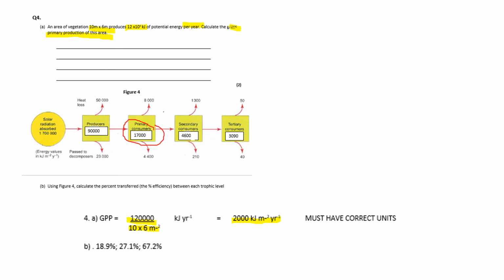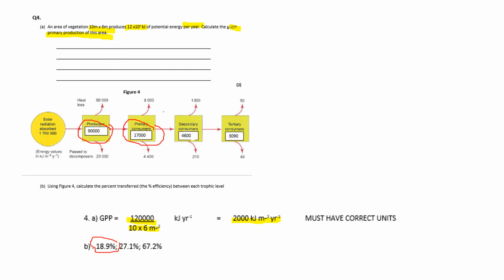So higher trophic level divided by the lower trophic level. You divide that 17,000 by 90,000, times it by 100 to get a percentage efficiency, and you should get the answer, rounded, obviously, to one decimal place, of 18.9.